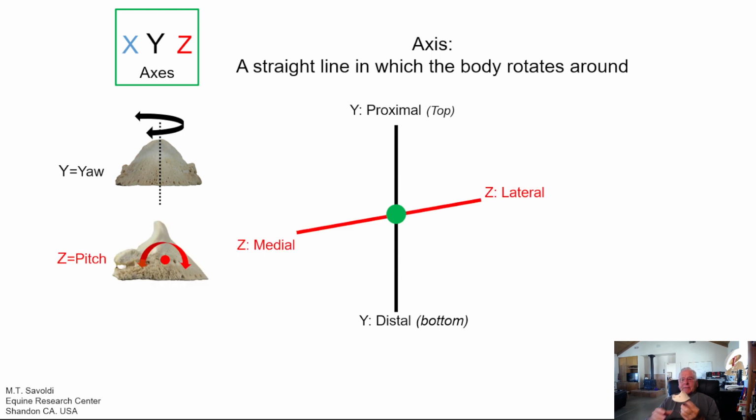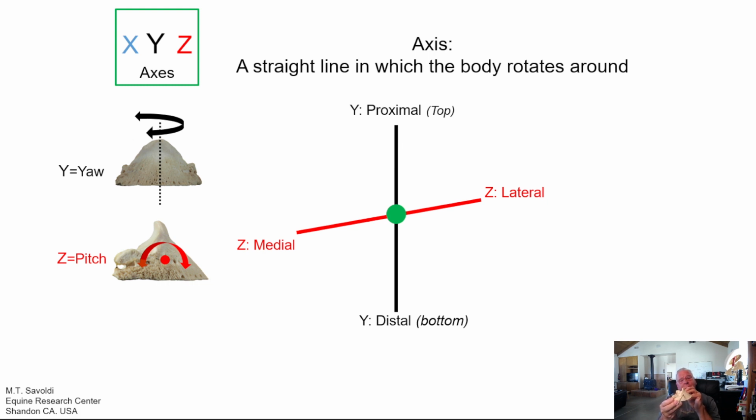The next axis we will call the z-axis, and that will represent pitch. This is a vertical axis, and so pitch would be something like forward pitch or backward pitch. Some people could refer to the P3 bone as a positive palmar angle or a negative palmar angle.